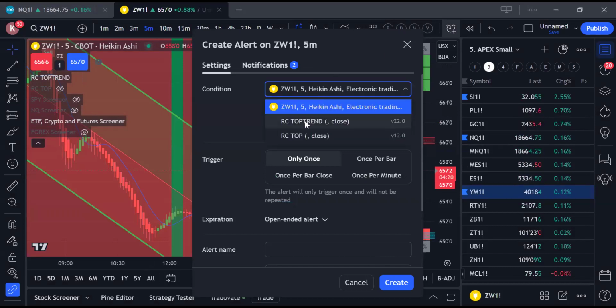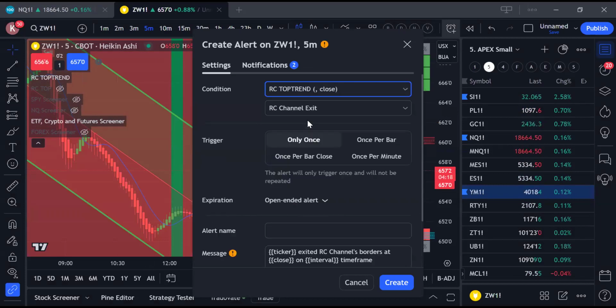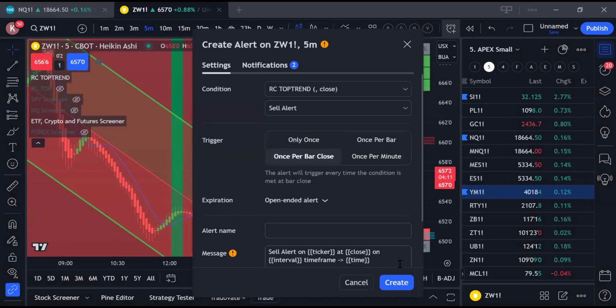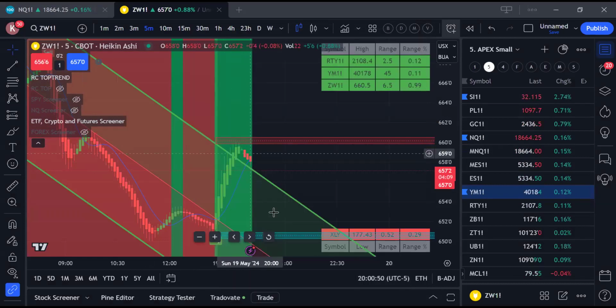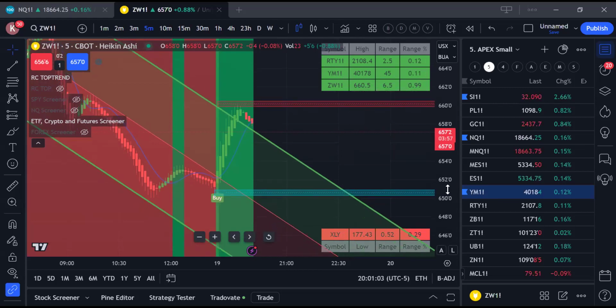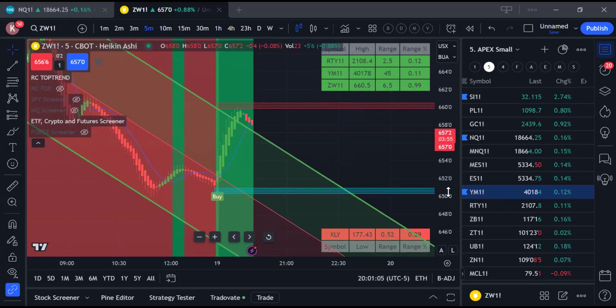We can go to top trend and set a sell alert. Whenever we receive a sell alert, we want to immediately get the short because it is at the top of the channel. There is a high chance for it to go down, and it also moves well in the Asian market. Commodities, metals, they all move.